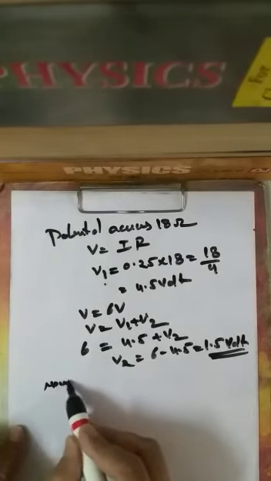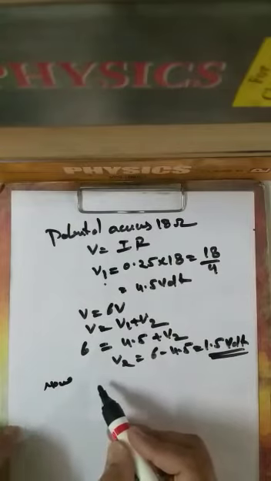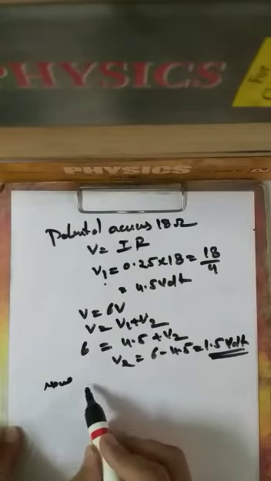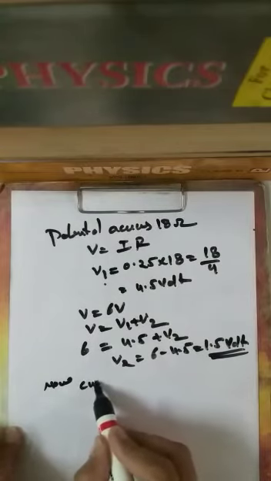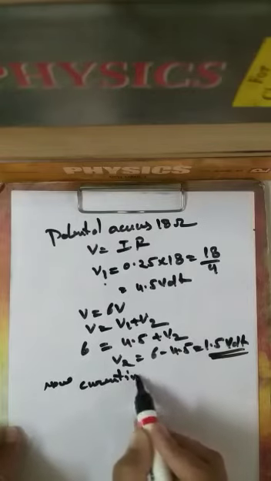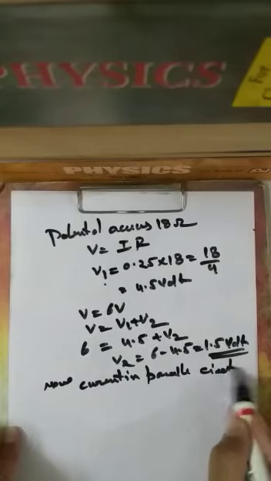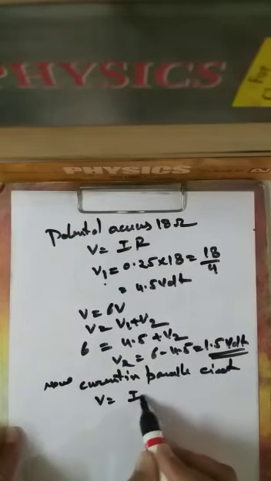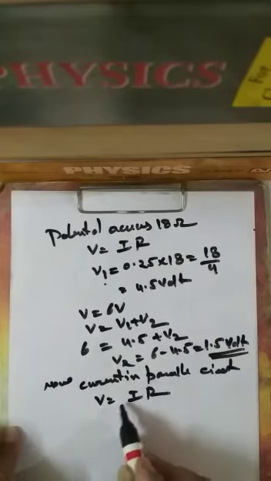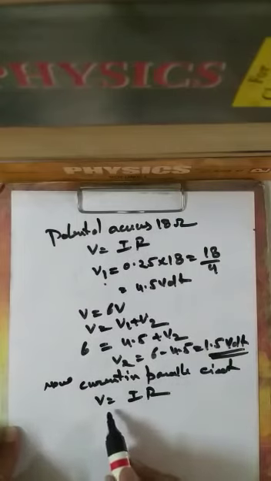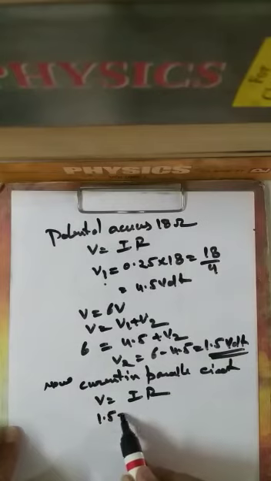Now current in the parallel circuit. V is equal to IR. By Ohm's law, the voltage across the resistance is 1.5 volt.